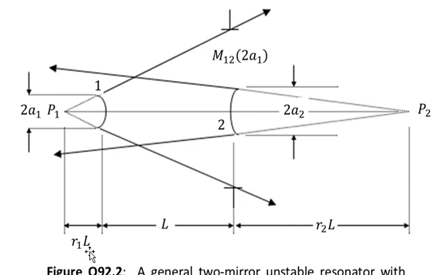So this R1 is actually the radius of curvature of the mirror 1. And on the other side, we have R2, which is the distance from the mirror 2 to the point P2. So this may be referred to as the radius of curvature for the mirror 2.